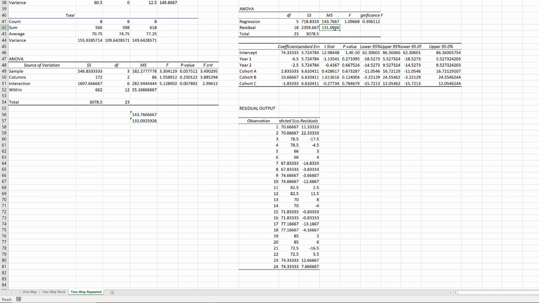Same thing we have over here for the residual or the error in the regression, 131.0926. Now to get the F value, we just do some division. So equals this value divided by this value below, enter, 1.09668. So you see how that all comes together.